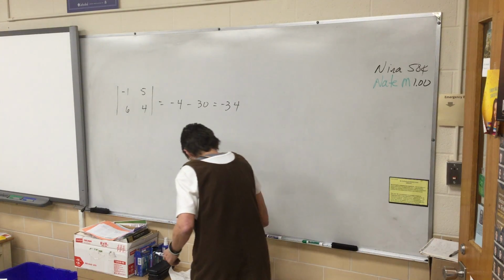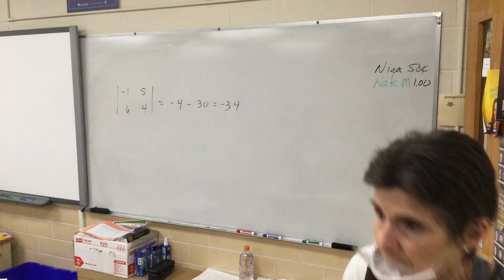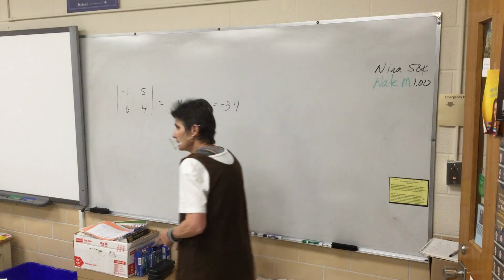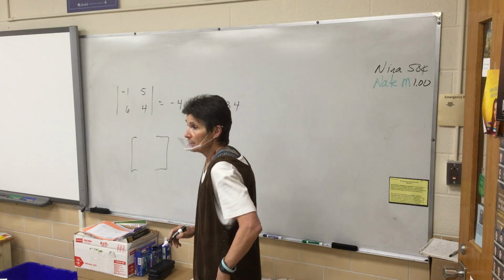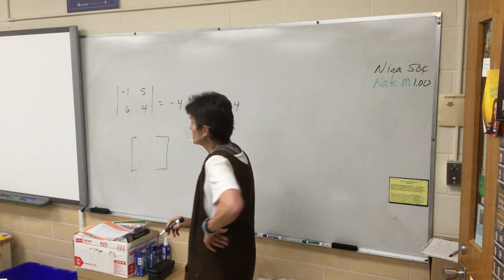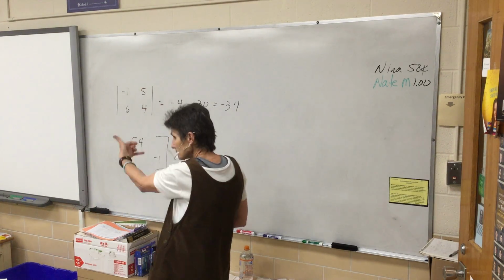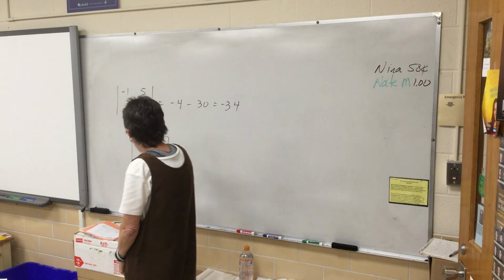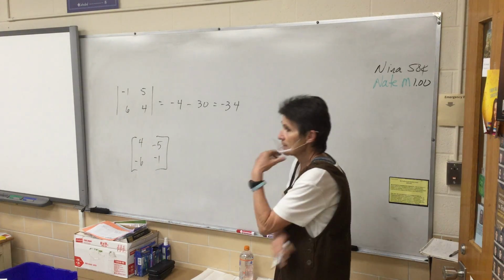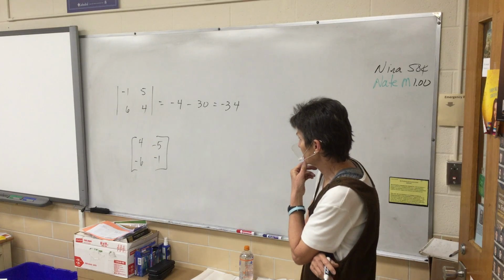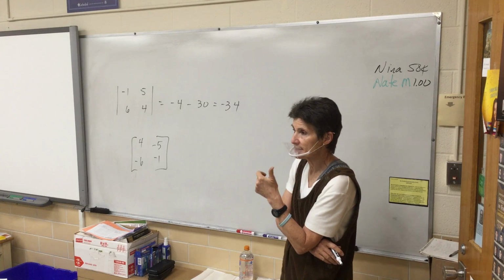Does anybody remember what's the next step if I am finding the inverse? This is kind of a random thing where you do the switching around and all that, finding what we call the adjoint. So we take these 2 numbers and switch them, physically switch their places, and then these guys become opposite. So 6 becomes negative 6, 5 becomes negative 5. Then, anybody remember how we put these 2 pieces together?